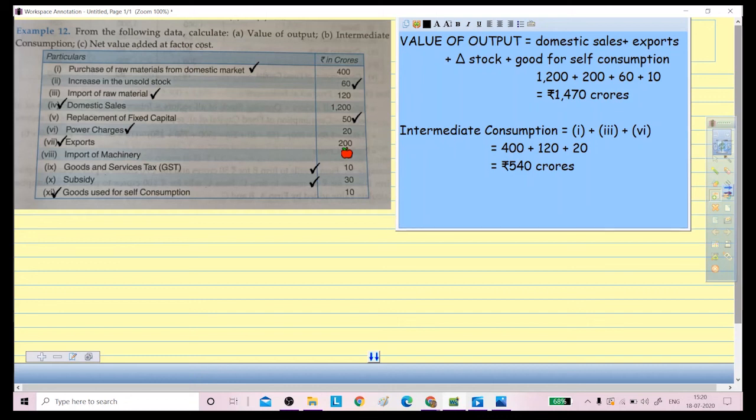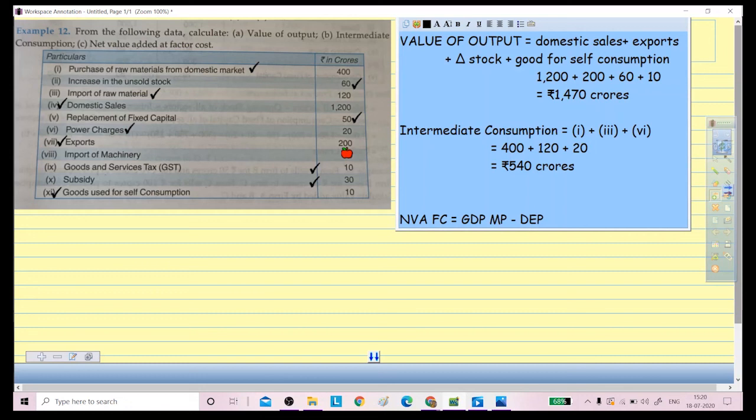Last part is to find out the net value added at factor cost, or NVAFC. If I am proceeding through the value added method, I will be finding out GDP-MP. GDP-MP, in order to make it an NDP-FC, I have to subtract depreciation.